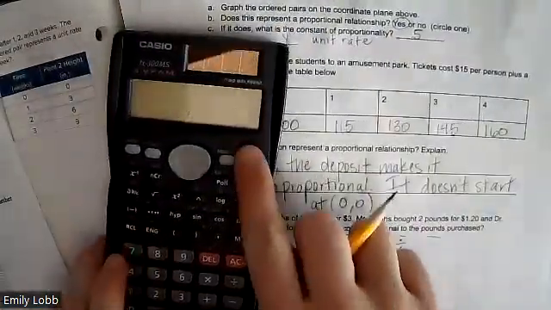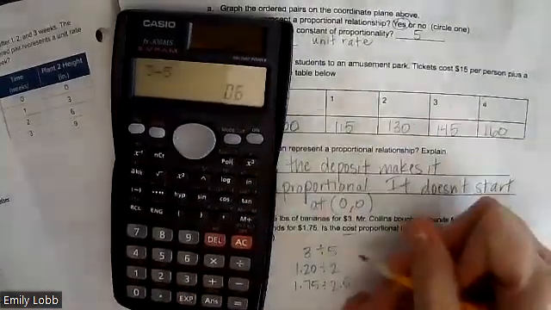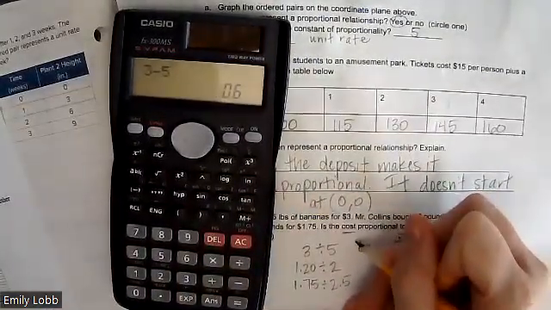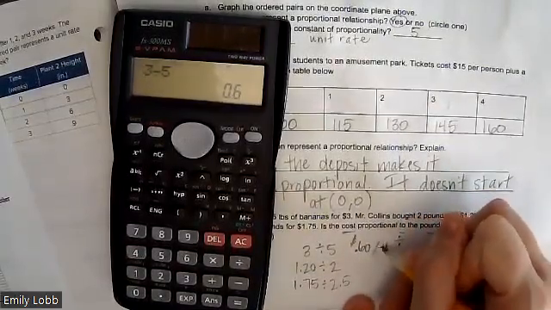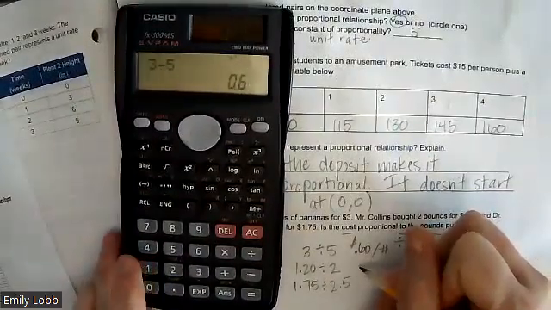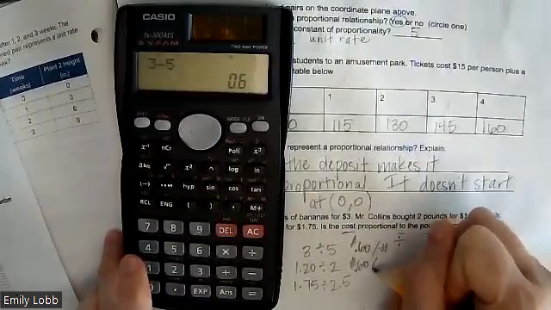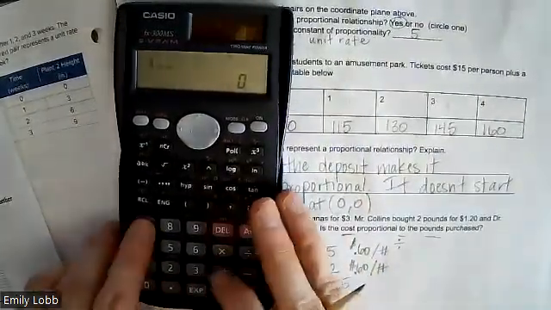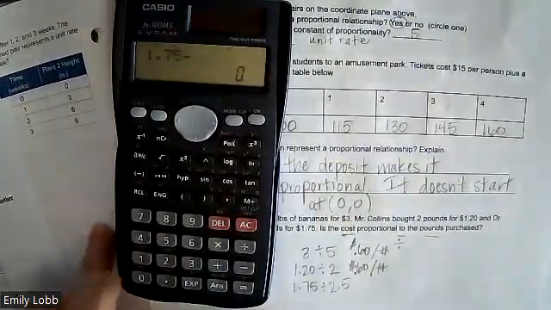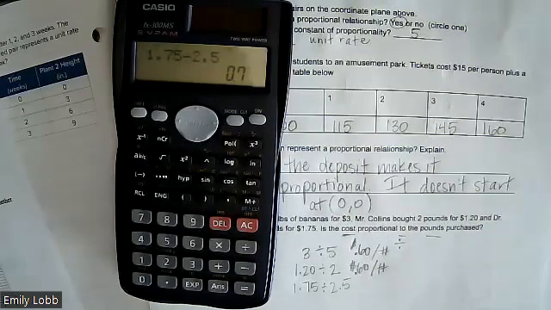This is like what, 60 cents? 3 divided by 5, 60 cents per pound. This is also 60 cents per pound. And 1.75 divided by 2.5. So is it proportional?